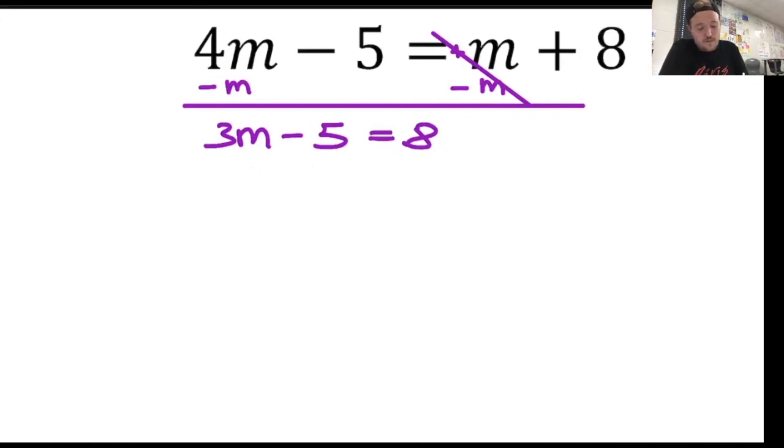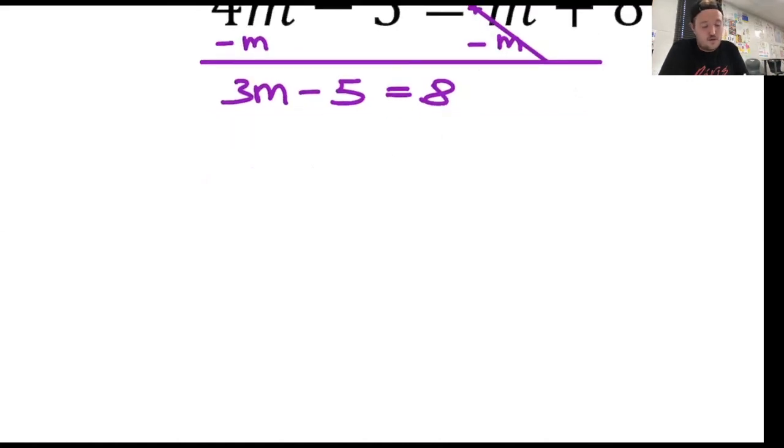So next thing is now undoing any addition and subtraction. Remember, the 3m here, those are being multiplied, but m minus 5, that's addition and subtraction. So this minus 5 right here, I have to do first. Because it's subtraction, I'm going to undo it by adding it.